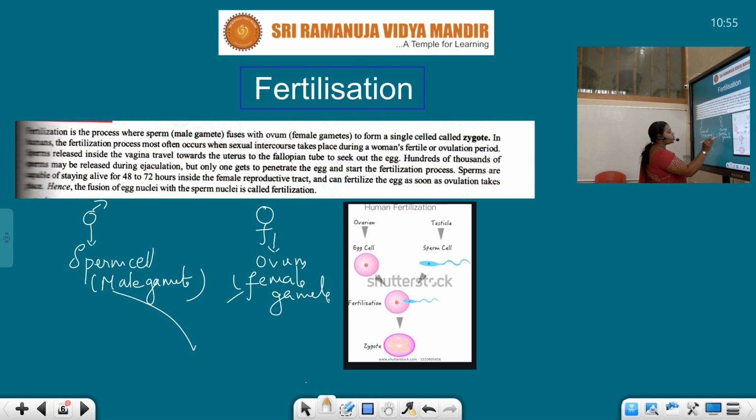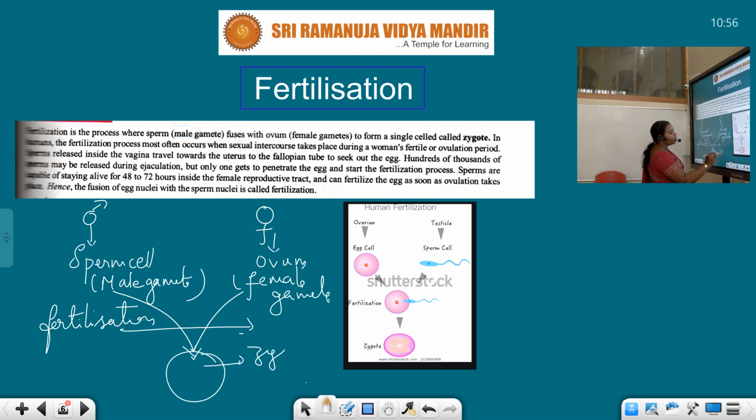When these two fuse together, the process of fusion is known as fertilization. And by the fusion, what will you get? A single-celled cell, that is zygote, and this zygote is in 2n condition.